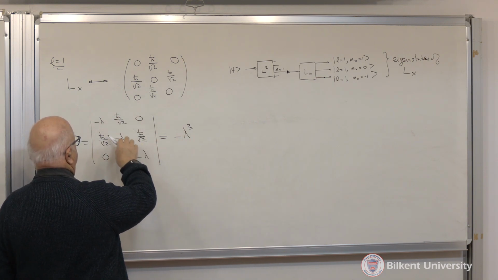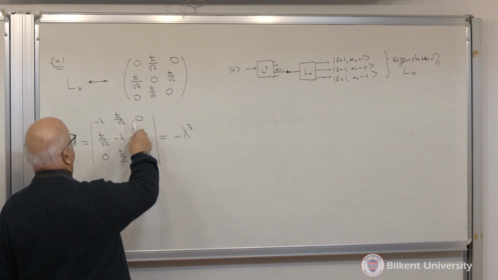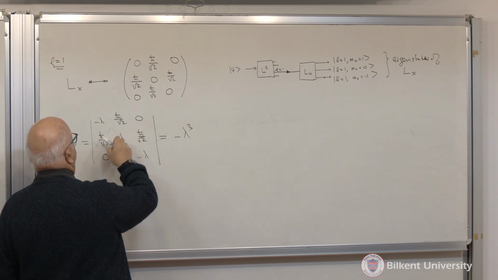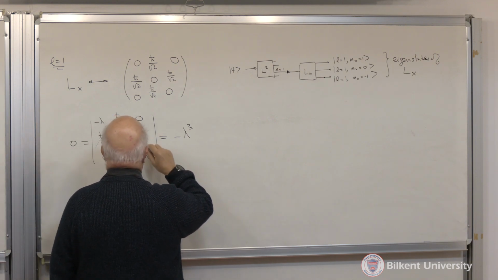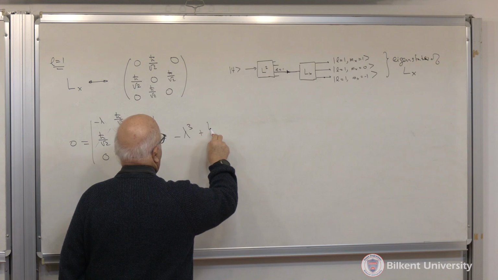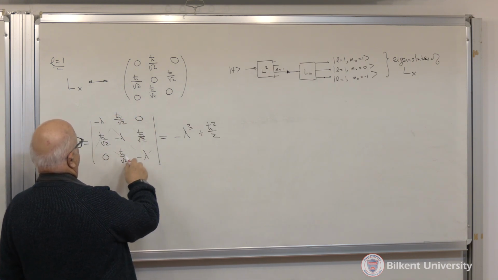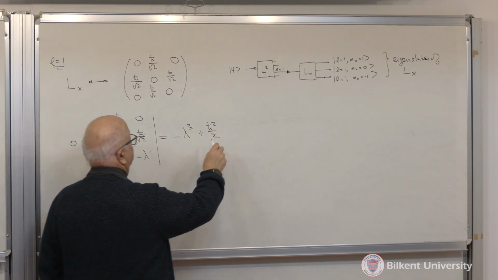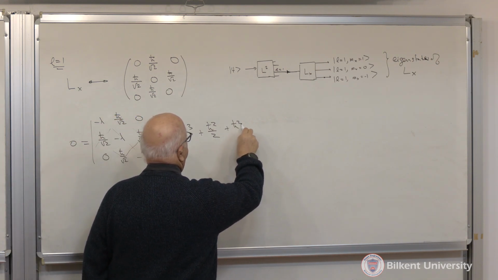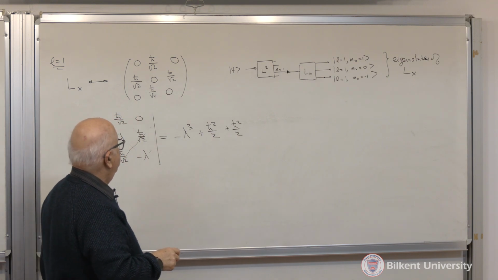All diagonals going from left to right, top to bottom, give me 0. So I now look at the other diagonals. I get an h bar squared over 2, with a minus sign, so it's plus h bar squared over 2 for one of them, but I also have this one, so I have another plus h bar squared over 2.